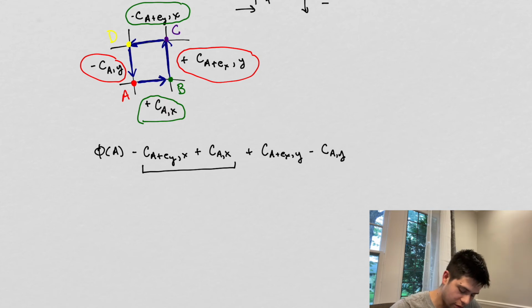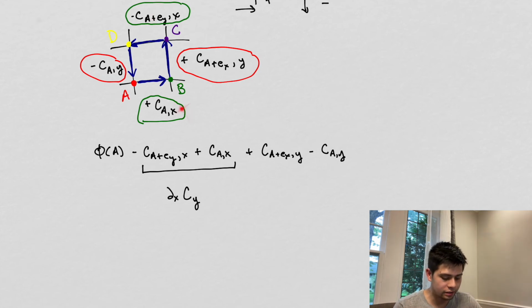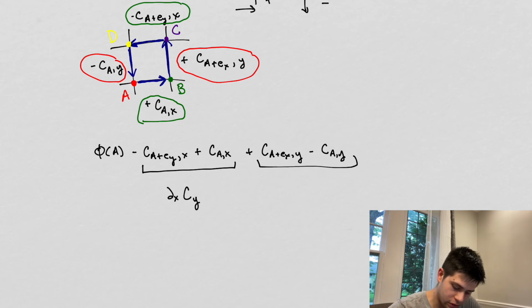So this is a partial derivative in x of our c y, because even though we're moving in x, we started at a y point, the shifted point in the y direction. And then this part here is just going to be the opposite, dy cx.